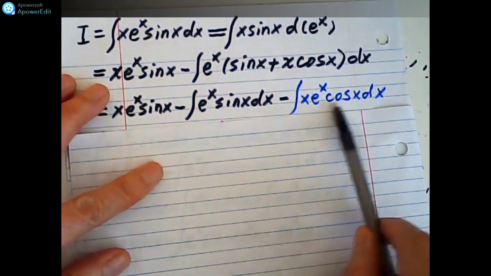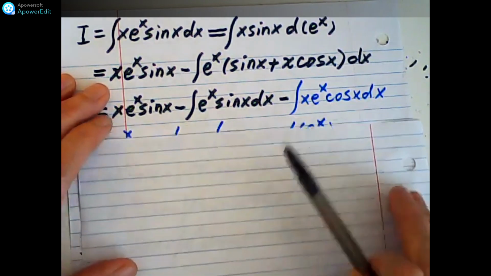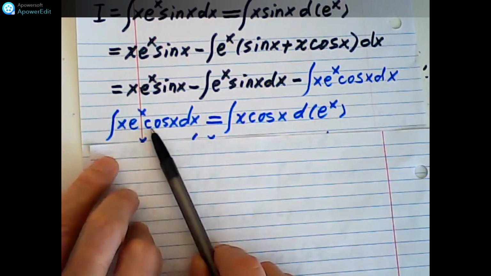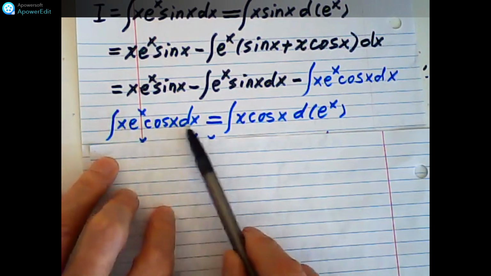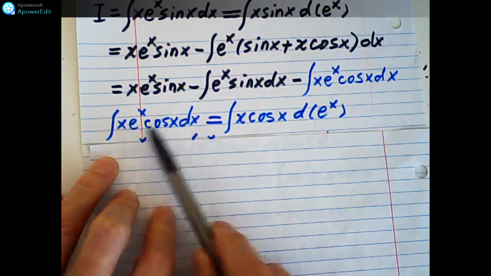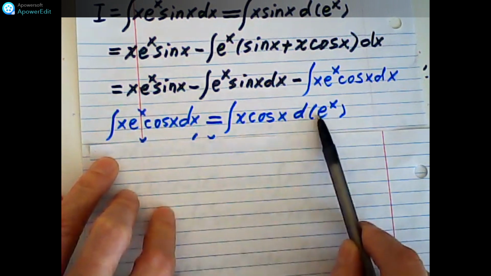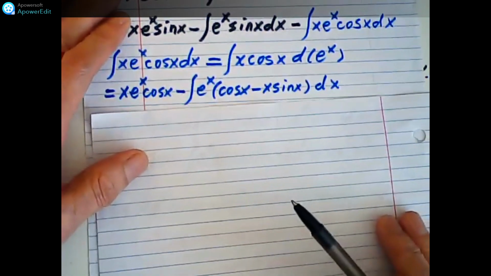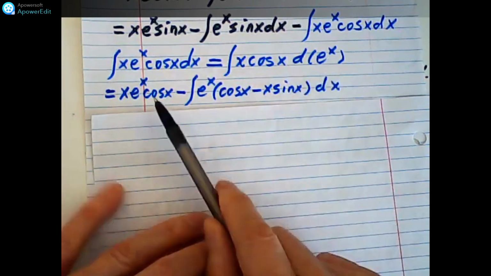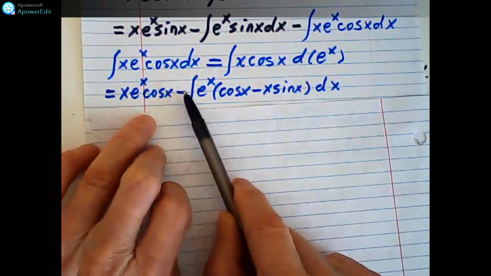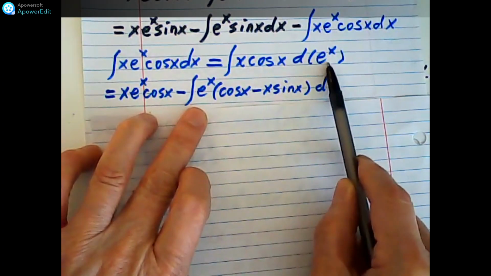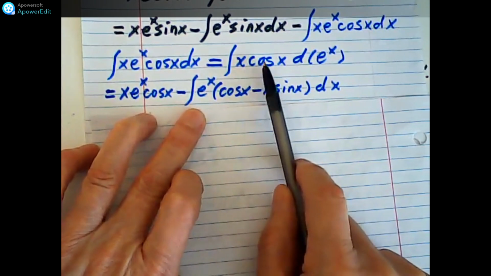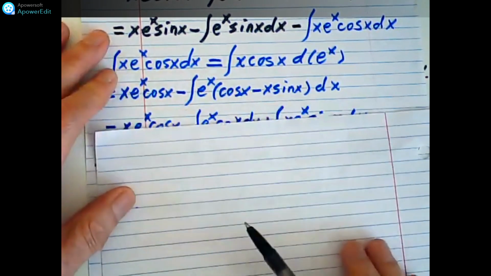I denote this integral as a blue integral, and I do the blue integral. I associate e to the x dx as d of e to the x, and by parts again, u dv is uv, u times v, minus the integral of v du. This is v, this is du. The derivative of cosine x times x is this.